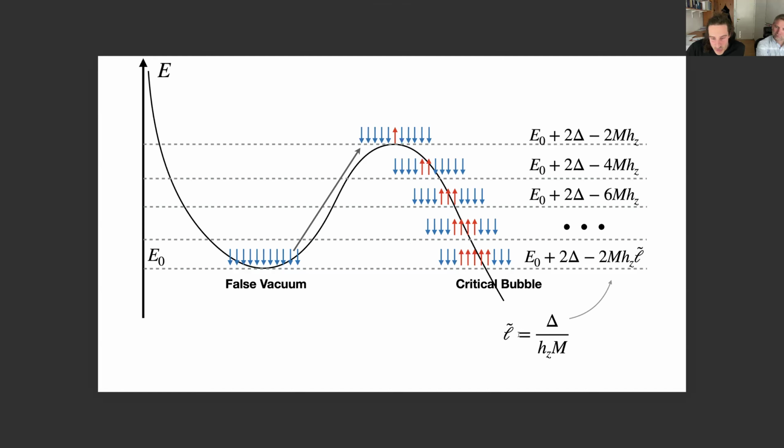And somehow this is an intuitive explanation of why we get this dependence of 1 over the longitudinal field, which is the field that breaks the degeneracy.